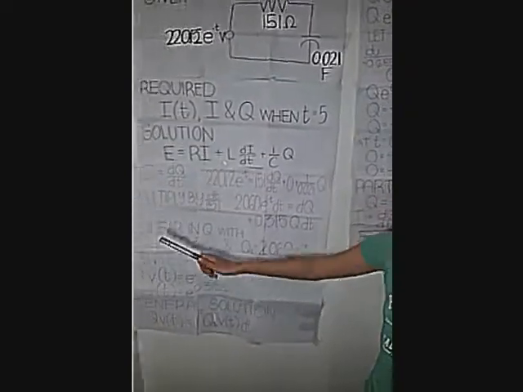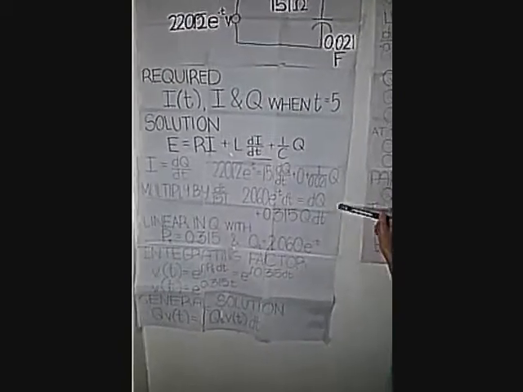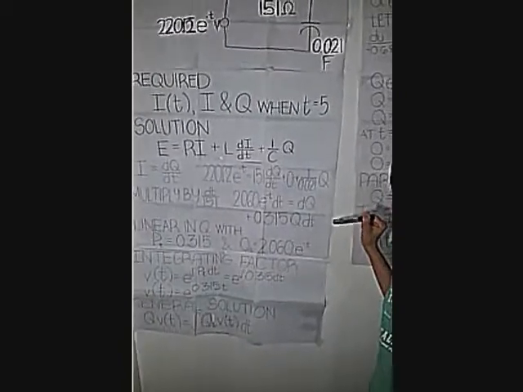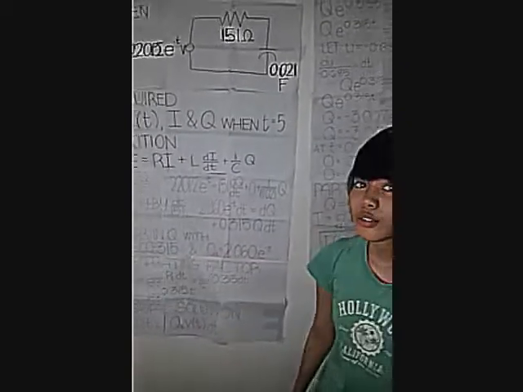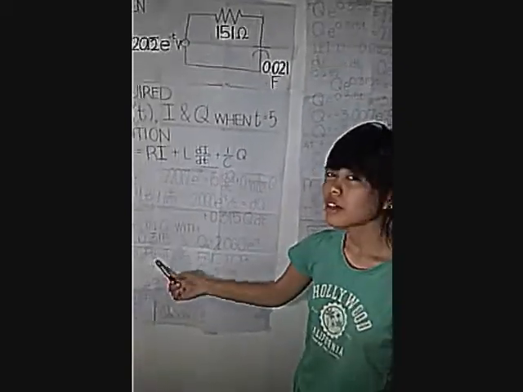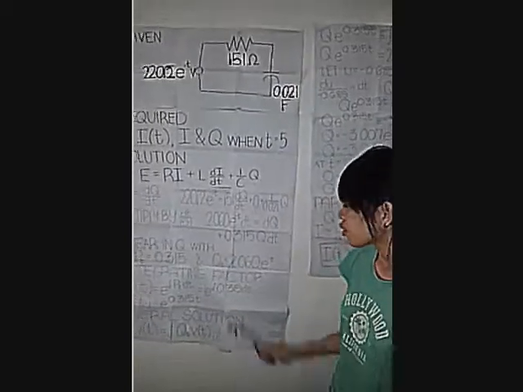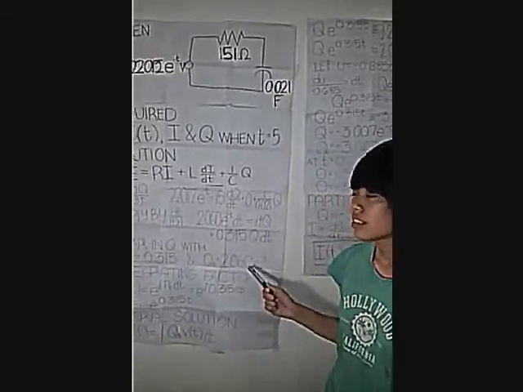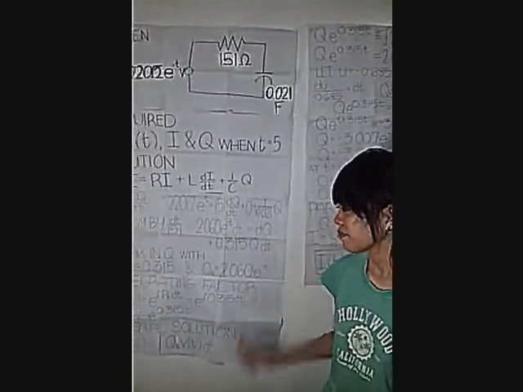And we could notice that it is in linear form, and identify that its p sub t is equal to 0.315 and its q sub t is equal to 2.060 times e to the negative t.